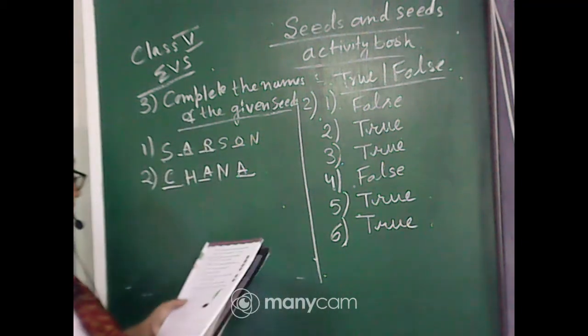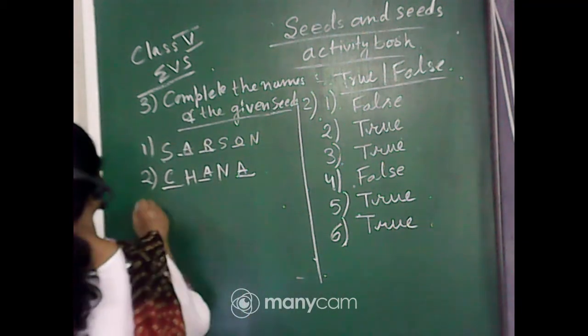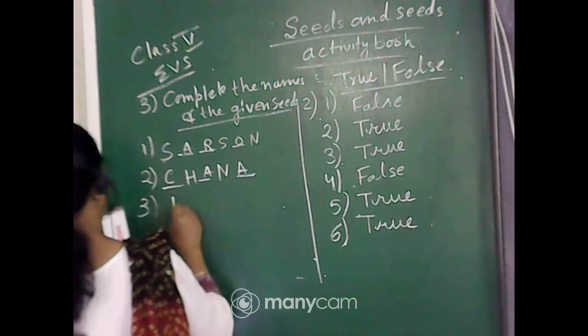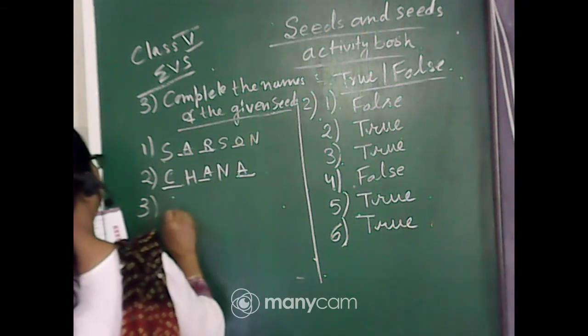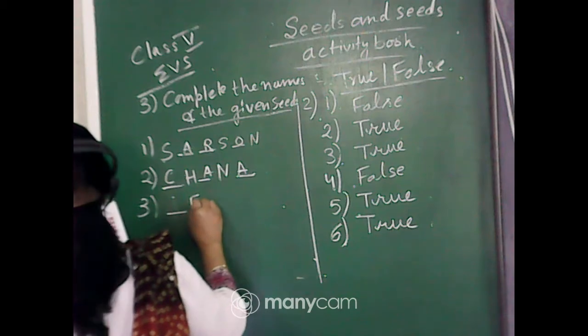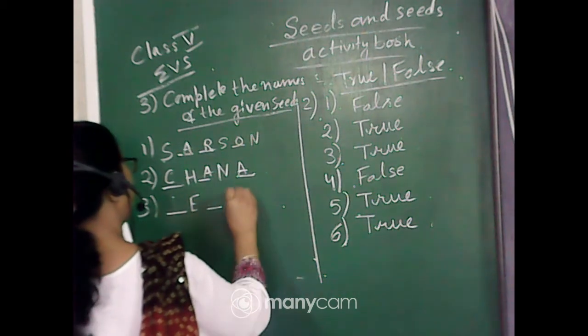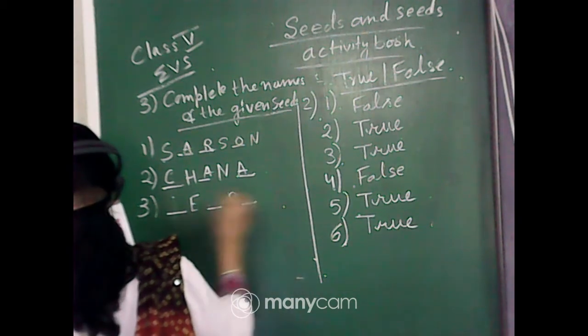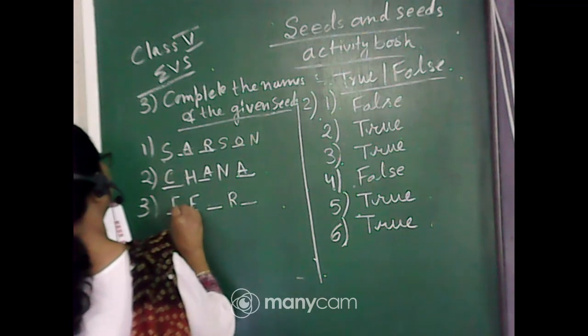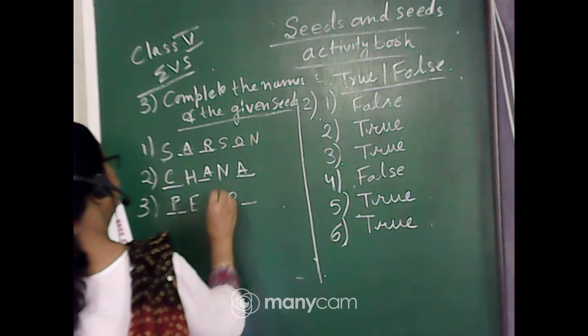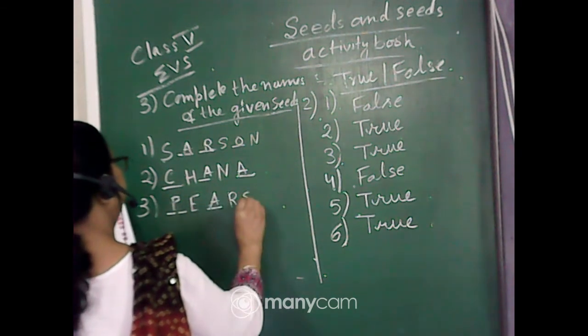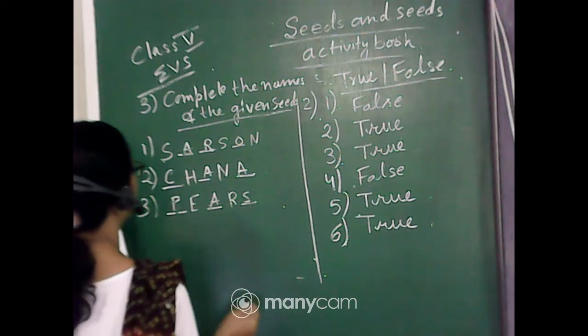The third one is dash E dash R dash. So pears, or you can write pears.